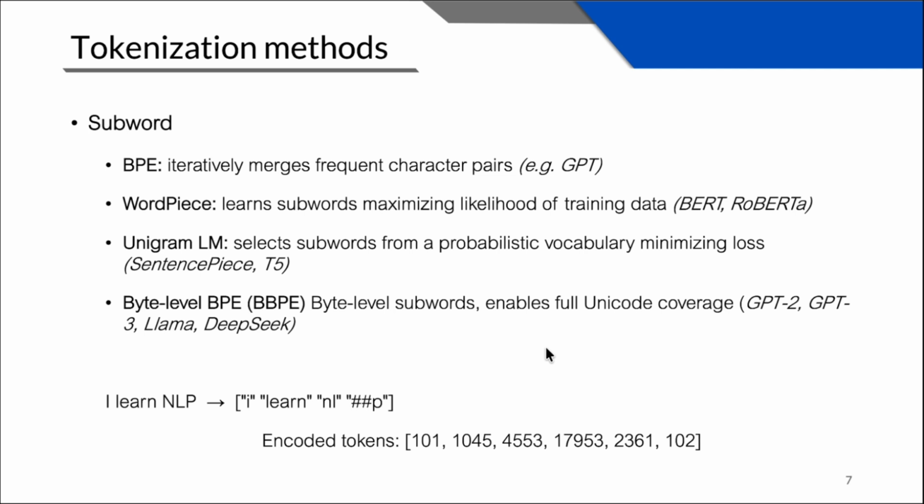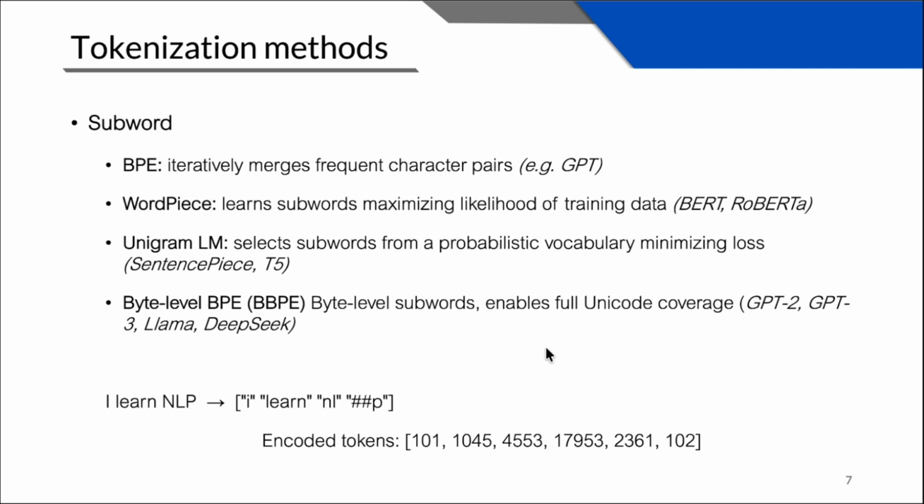Actually, it learns subwords maximizing the likelihood of the training data. So it computes the tokens by finding the subwords that maximize the likelihood of the training data. We have also the Unigram LM, which was introduced by Kudo in 2018.